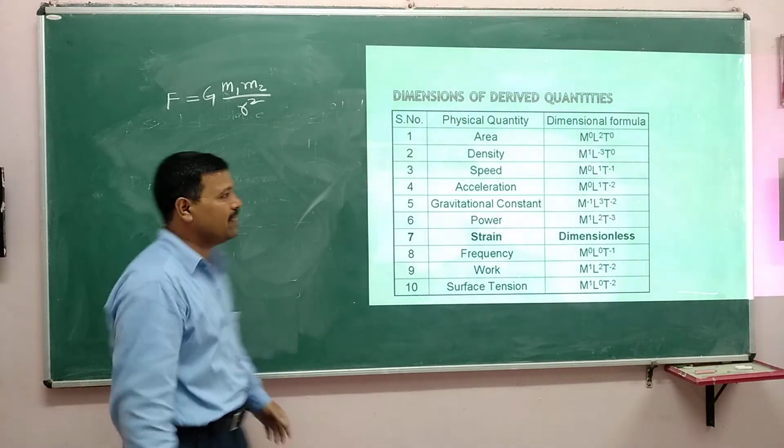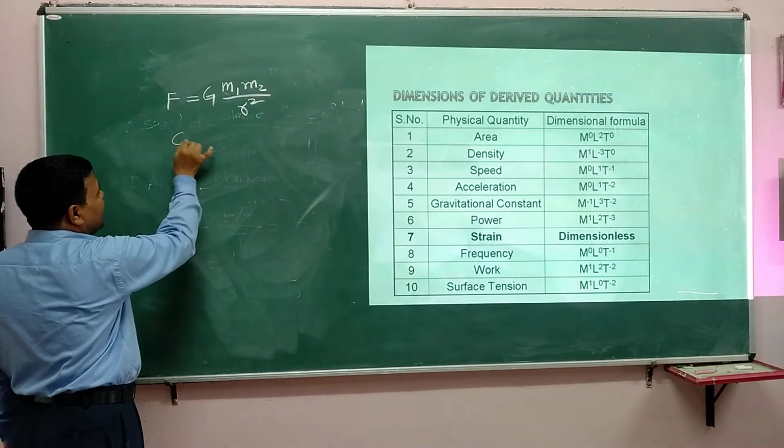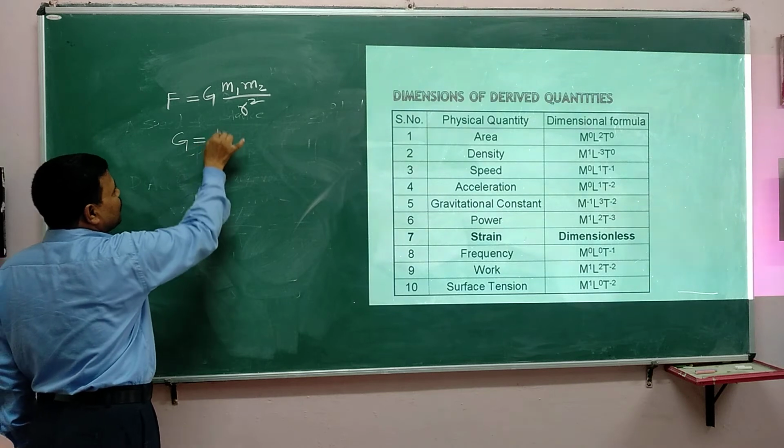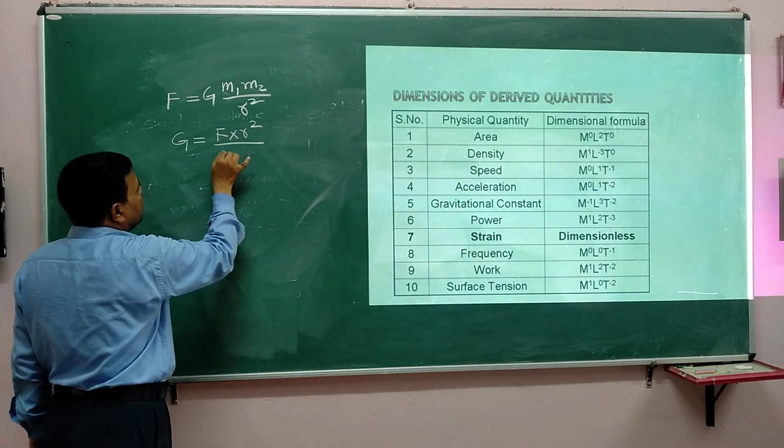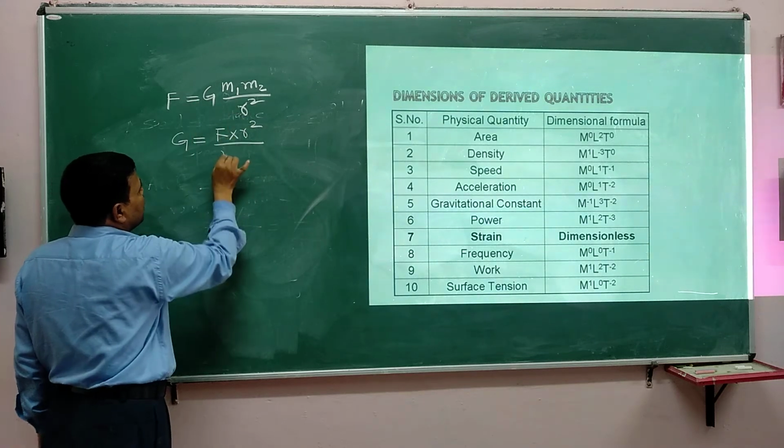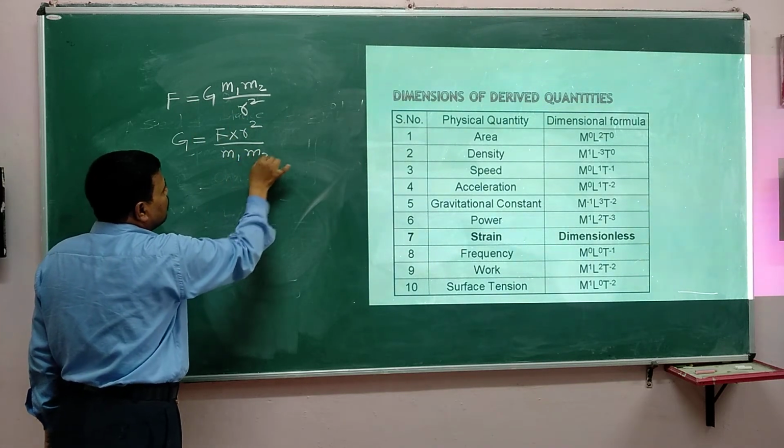So we write that the gravitational constant is equal to F into R square divided by M1 into M2.